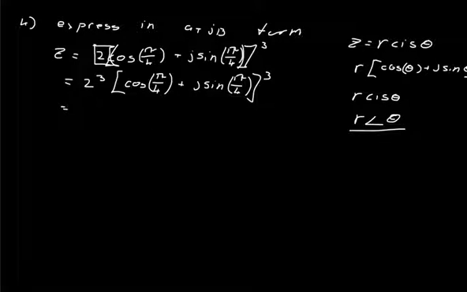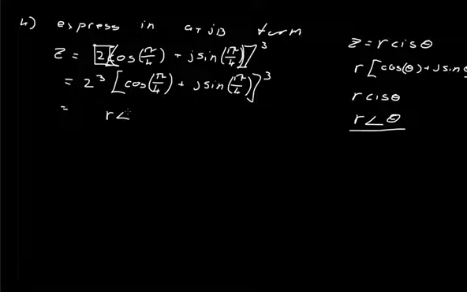So what this expression actually translates to is R angle. What is the angle? Look here: cos theta plus j sine theta. So cos pi over 4 plus j sine pi over 4.